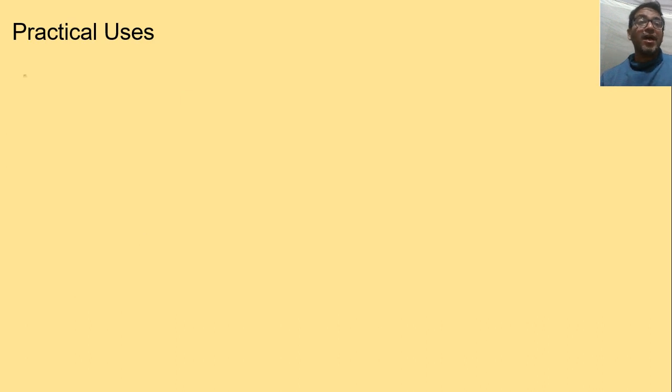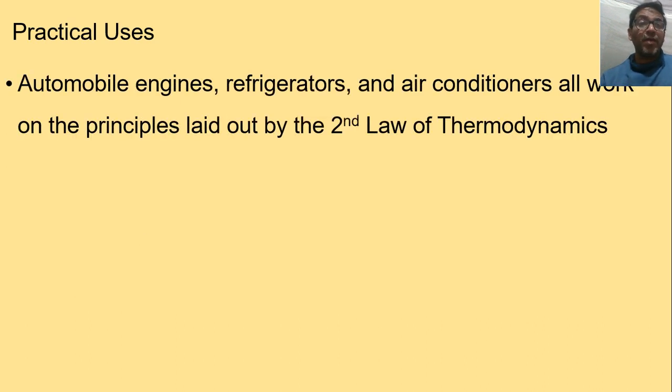So what are the practical uses in automobile engines? I told you about the steam engine. We started from the steam engine, and after that we got the diesel engine, then electric automobile engines. All the automobile engines, the refrigerators, air conditioners, all work on the principles laid out by the second law of thermodynamics, because here there is an exchange of heat. Due to the exchange of heat, there is expansion and compression.